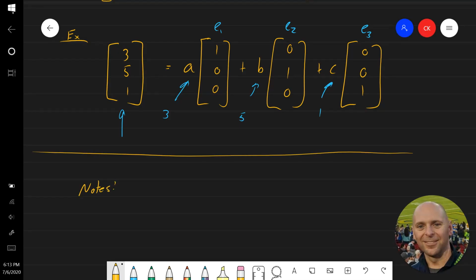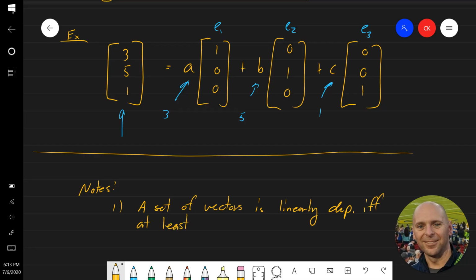Note 1 is that a set of vectors is linearly dependent if and only if at least one of the vectors is a linear combination of the others.